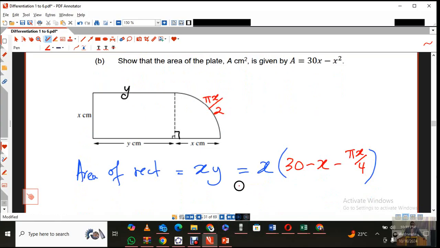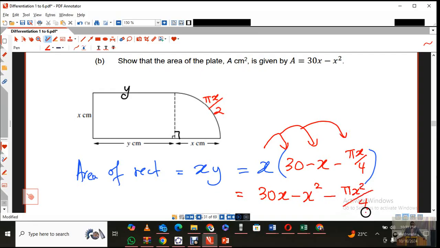So let's first find the area of the rectangle. So it's 30x, that times that, minus x squared minus pi x squared over 4. So that's the area of the rectangle.